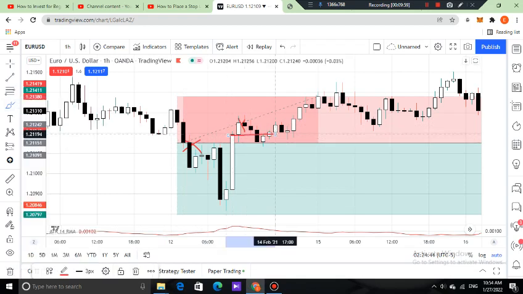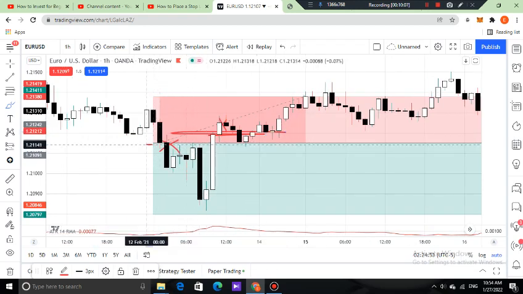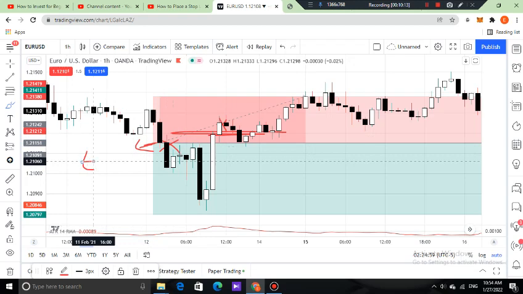and let's say your new entry would be at this level, and when this candle hits your initial entry, you can exit the position with a slight profit.